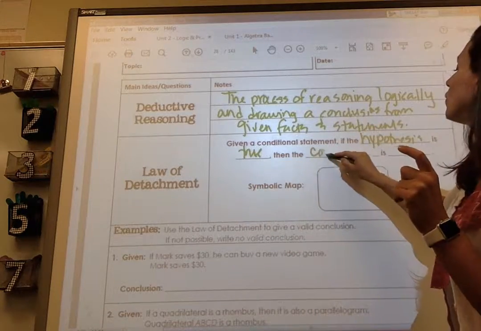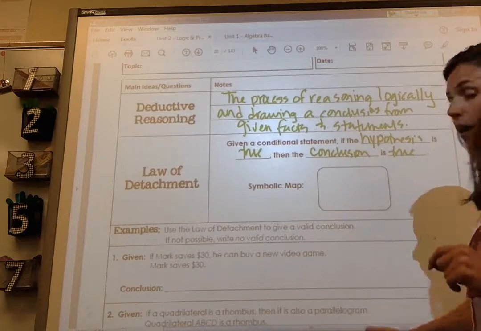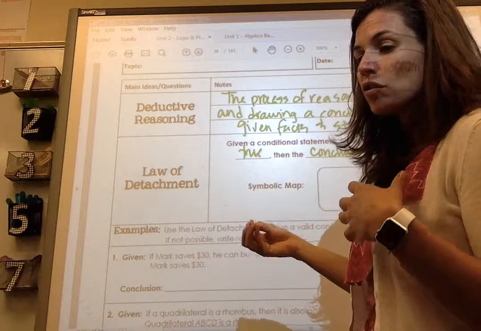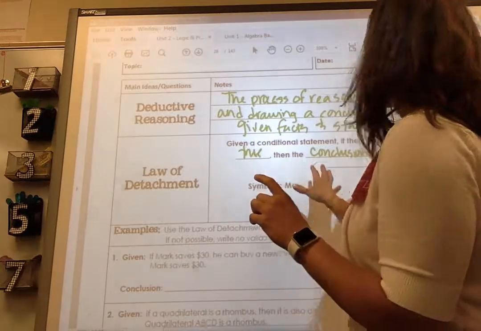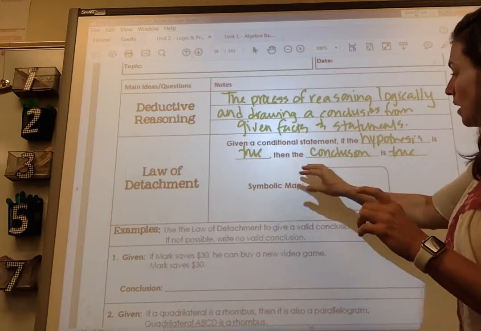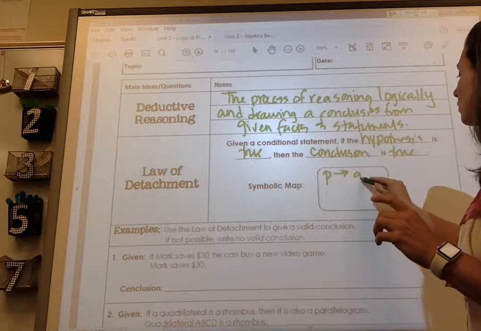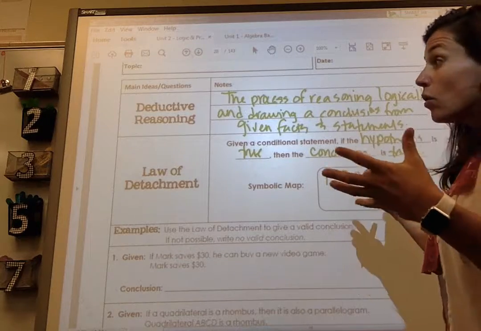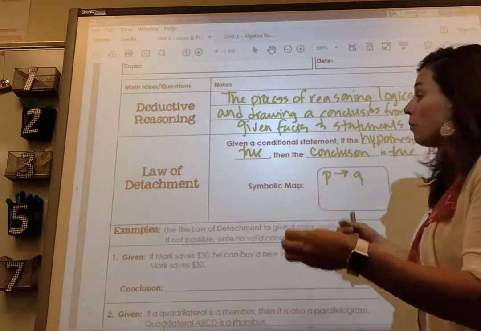then the conclusion is true. Now, when we think of hypothesis and conclusion, immediately I should start thinking of the symbols P and Q. So the symbolic piece to this is if P, then Q, right? And the difference here is that the law of detachment says P is definitely true.